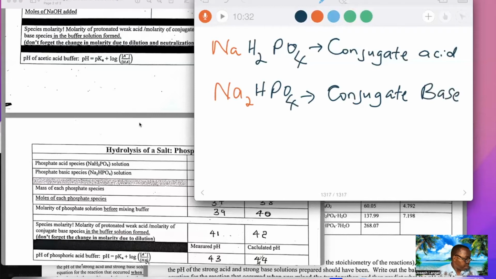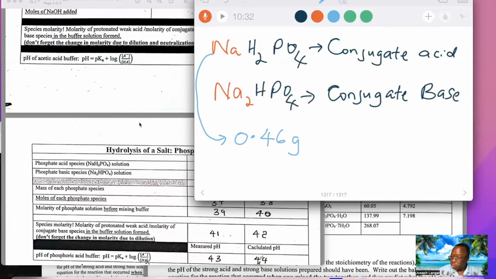From the instruction, you need to have recorded the theoretical mass of each one of them. For the dihydrogen phosphate, read the instruction, you have to weigh out 0.46 grams.